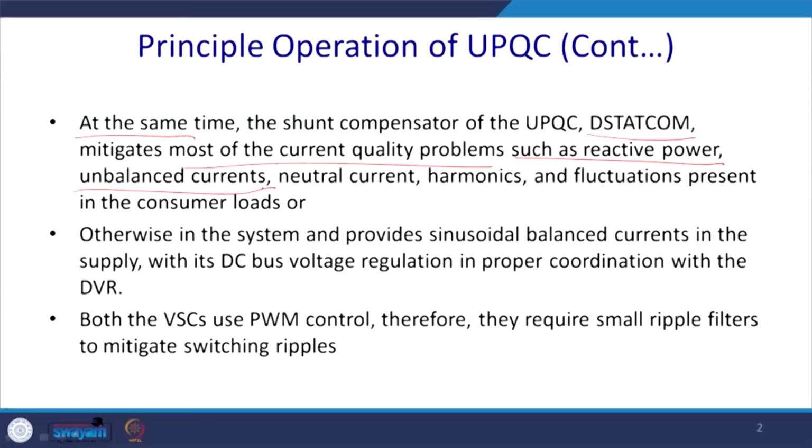It also handles the neutral current for a 3-phase 4-wire system, and if there is a fluctuating kind of load like arc welding at the consumer end, it will mitigate this kind of load.